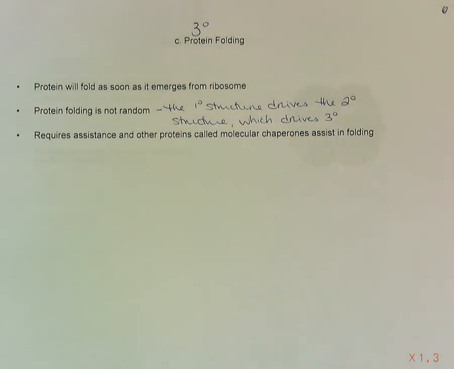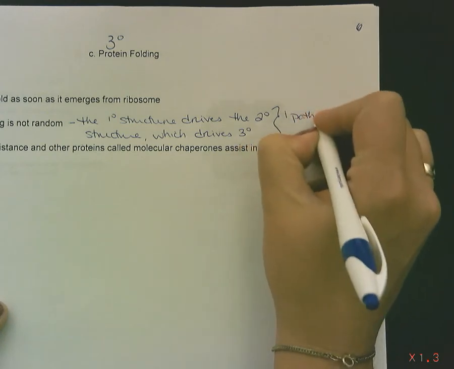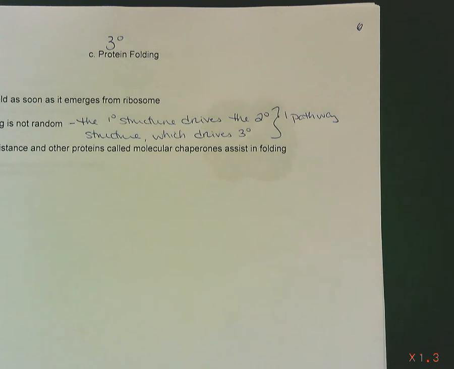So your primary structure, which is just your string of amino acids, will start to combine into its secondary structure through hydrophobic and hydrophilic interactions, and that drives the final tertiary 3D structure. Which means there is only one pathway. There's only one way to make these proteins successfully. There are lots of ways they can misfold, but only one successful folding pattern.